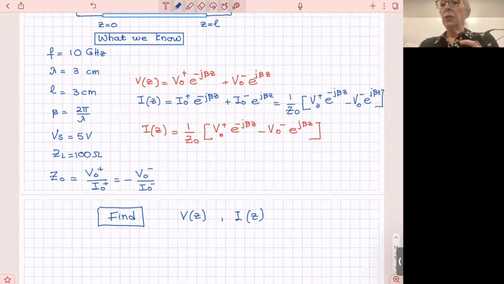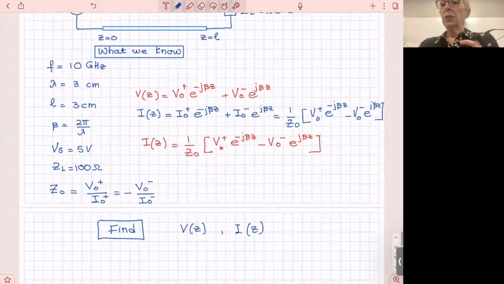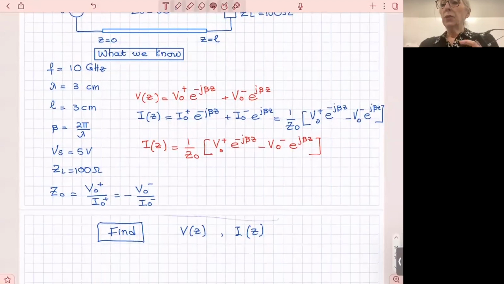Look at how many things we know and what we need to find. We know beta. Do we know beta? There. And we know lambda. All right, what else do we know in this line that I have not written, and that you have to add?